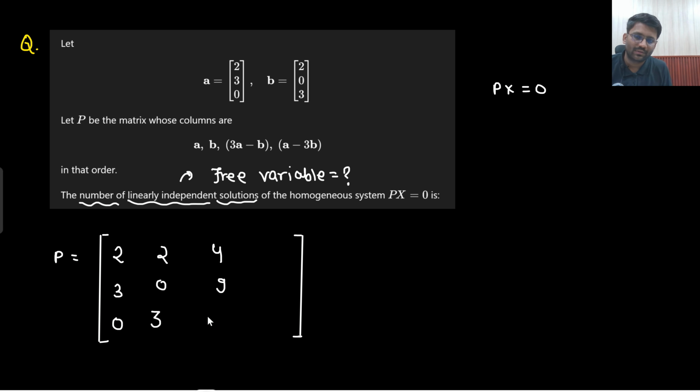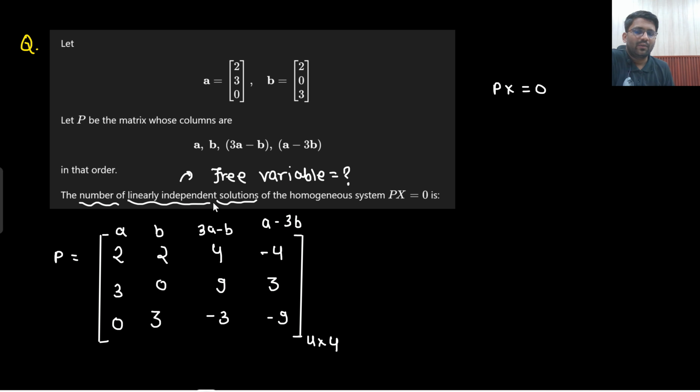Thrice of 0 is 0, minus 3 is minus 3. And A minus 3B: 6 minus 4... A minus 3B gives 2 minus 6 which is minus 4... 3 minus 0 is 3, and 0 minus 9 is minus 9. Yes, so this is our matrix P: A, B, 3A minus B, A minus 3B.